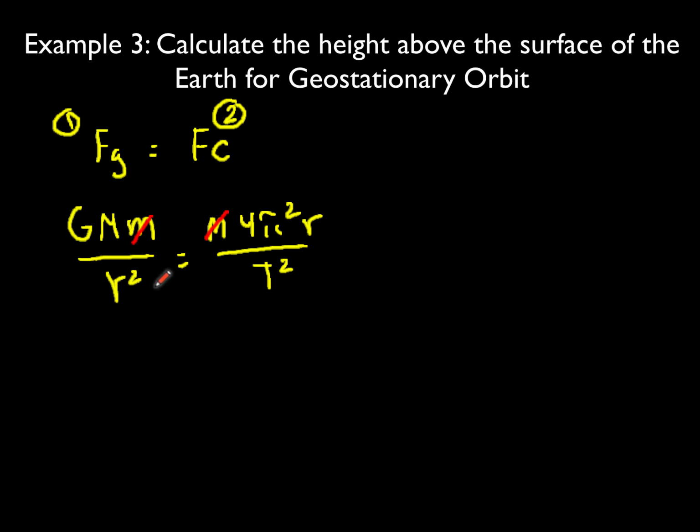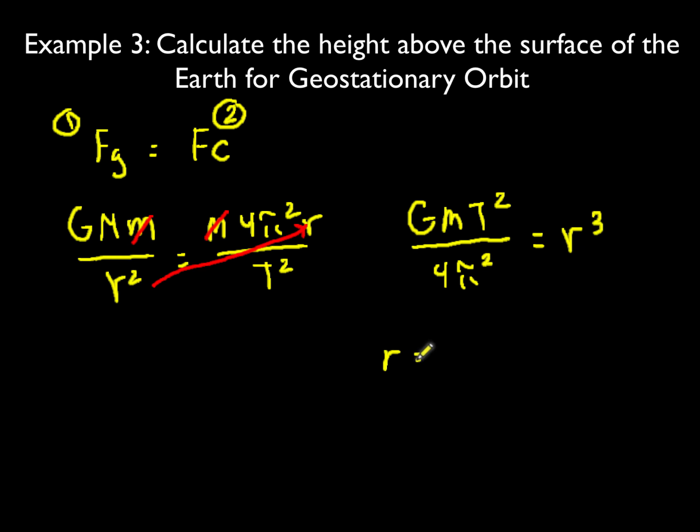We'll move r squared to the numerator of the opposite side, so r times r squared equals r cubed. So we get GMT squared over 4 pi squared equals r cubed. Solving for r means we get the cube root of GMT squared over 4 pi squared.